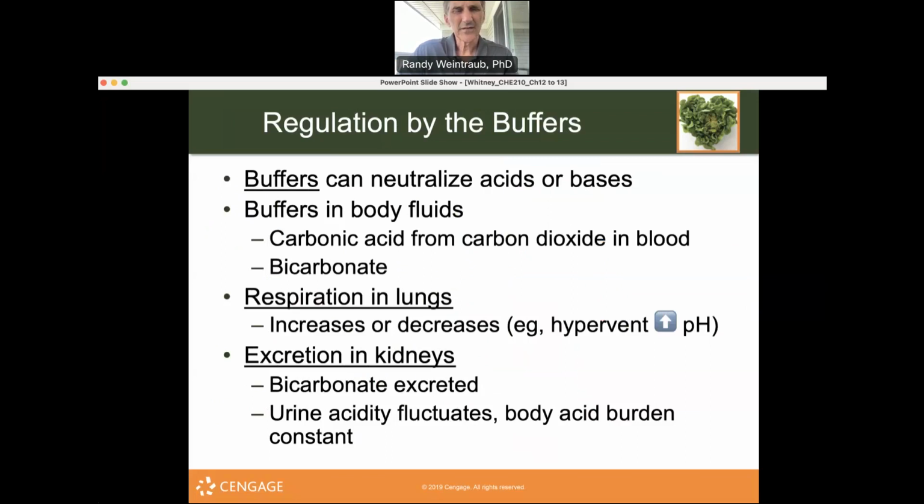Respiration in the lungs is another way that we regulate pH. We could increase or decrease pH by decreasing or increasing lung respiration. For example, if we hyperventilate, or remove CO2 from our system, we would increase the pH or decrease the acidity.